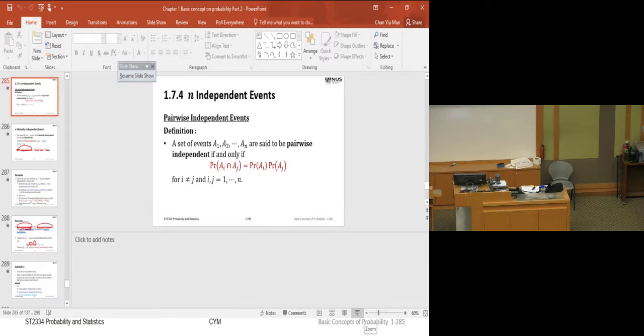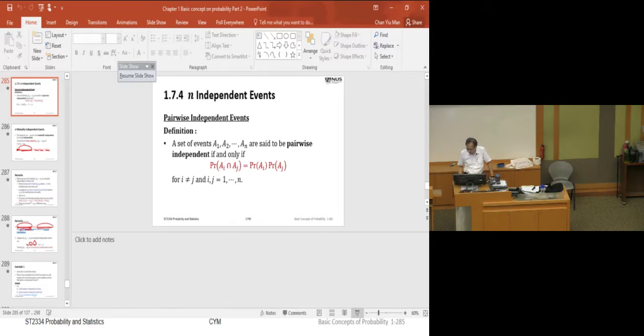So last week we talked about independent events. If we have more than two events, we can have n independent events. But there are two types. One is pairwise independent events.